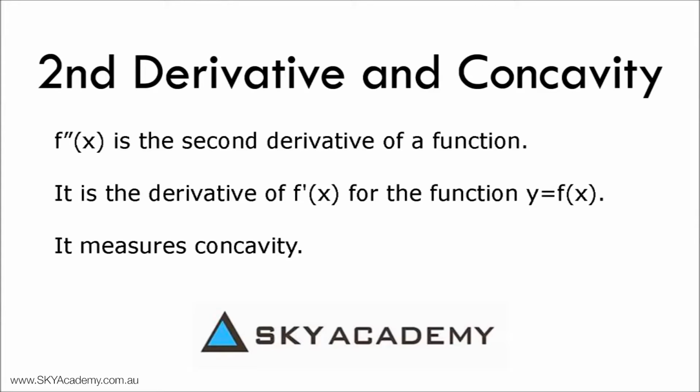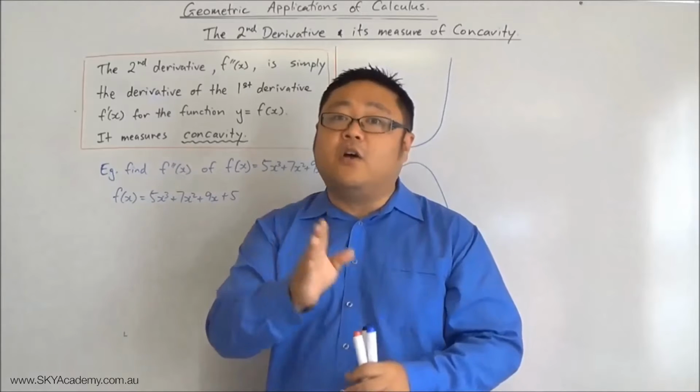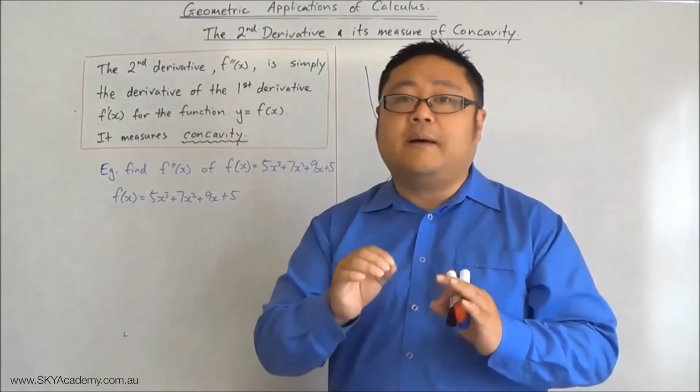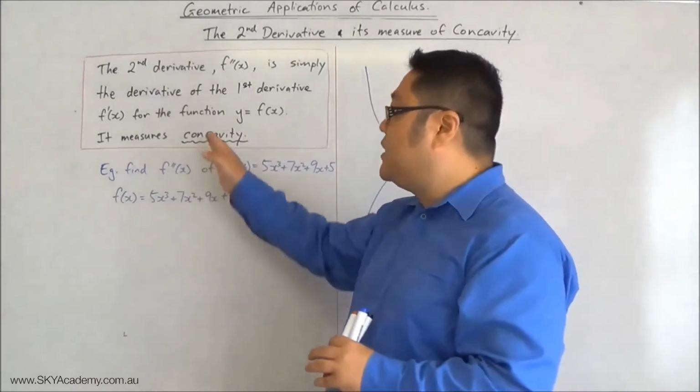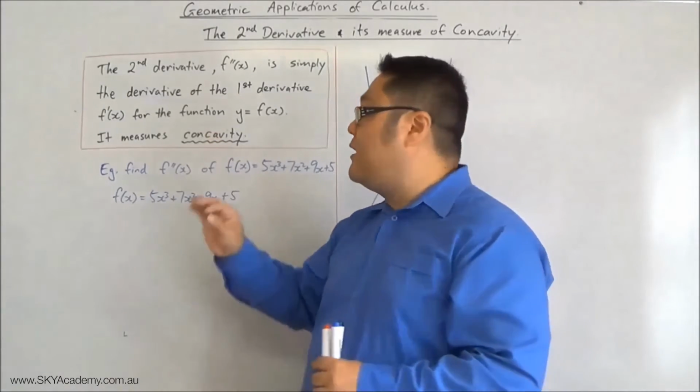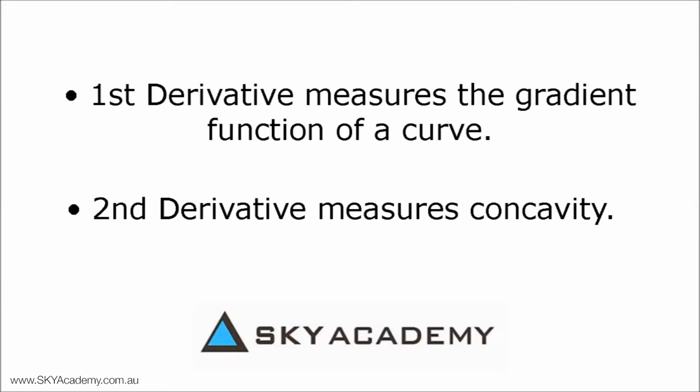The reason we want to know it is that it measures concavity. I'll go through what concavity is a little later, but for the time being, just know that the first derivative measures the gradient function of a curve, and the second derivative measures concavity.